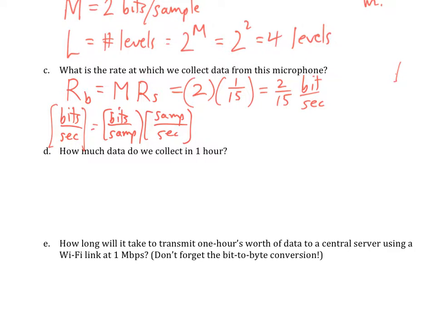I don't know what I just did. It just disappeared. So the number of bits, let's try that again, is equal to the bit rate times the time. And this is bits, and it's equal to bits per second times seconds.